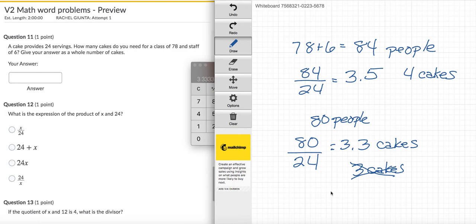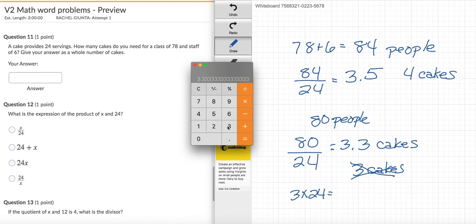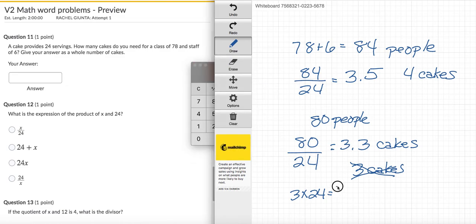Because if you had 3 cakes with 24 slices per cake, you would have 72 slices and you have 80 people. And so only in this kind of problem where you need enough for everybody, even if that means you have extra, then you're really going to be rounding up.